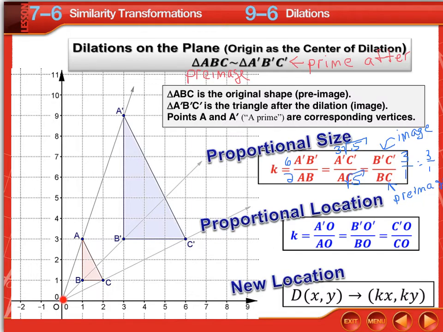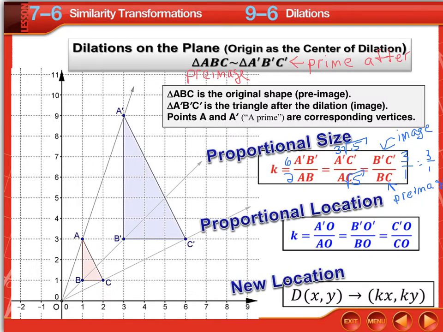We start here with the center of dilation, and we would draw a ray going from that center through each vertex of the pre-image, and that ray would be unending, so they just span out in those directions, and the image or after transformation, these A prime, B prime, C prime, are going to fall collinear on that ray. So they're going to fall somewhere on these rays, and the question is where?